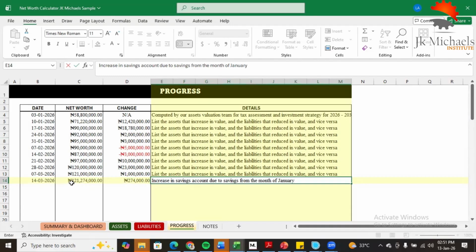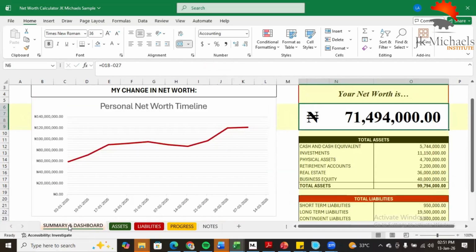So we would see an increase of 274 in our summary and dashboard. You can see that, right? We've been able to move from 121 million to 121,274,000, which is an improvement in this case.